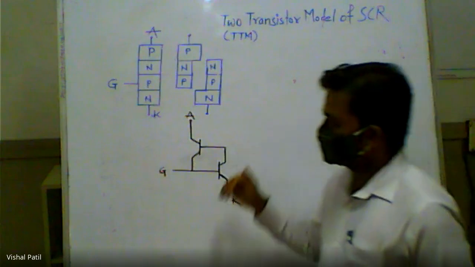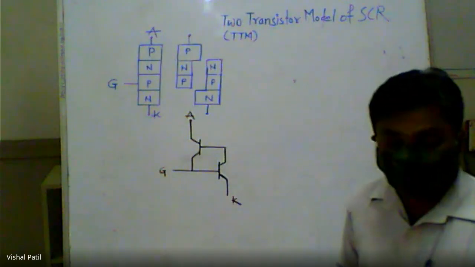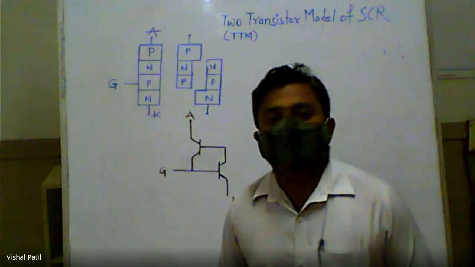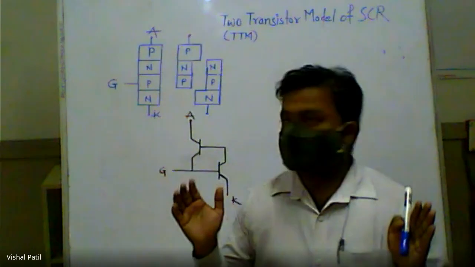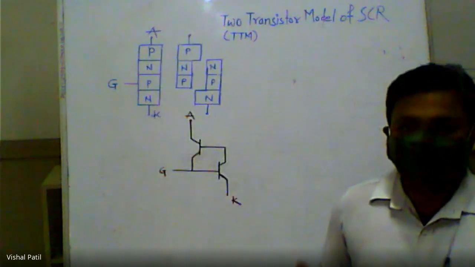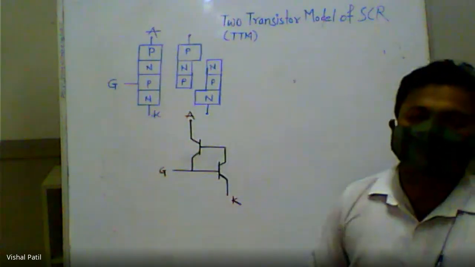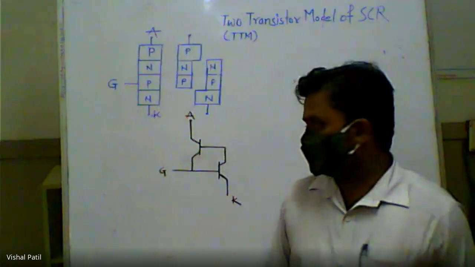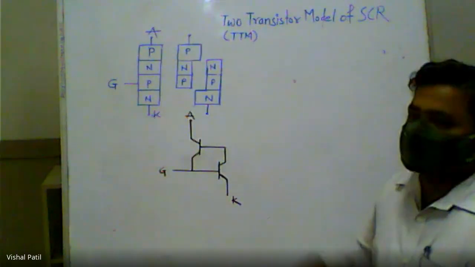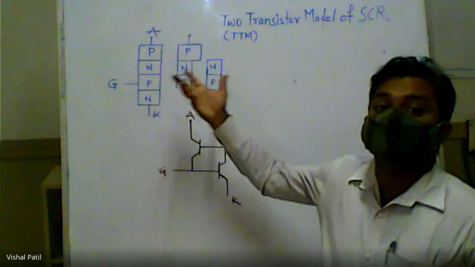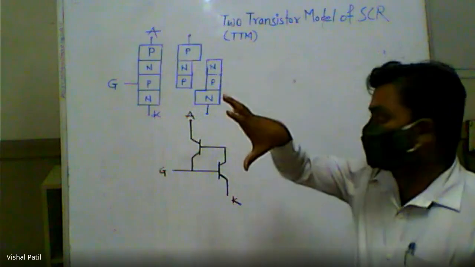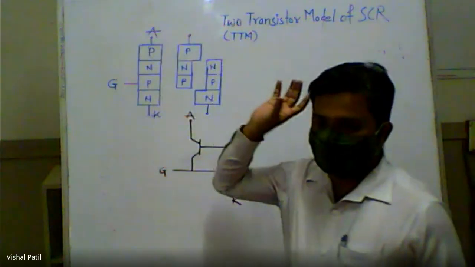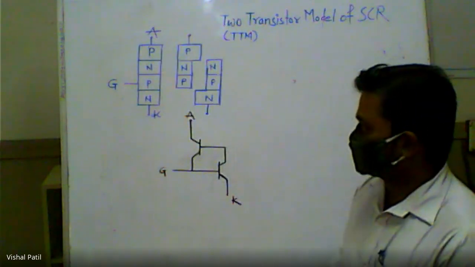So SCR can be seen as two transistors, that is, two BJTs connected back to back. That is inbuilt. There are two transistors available, but in all, there is only one SCR. How can we get that?